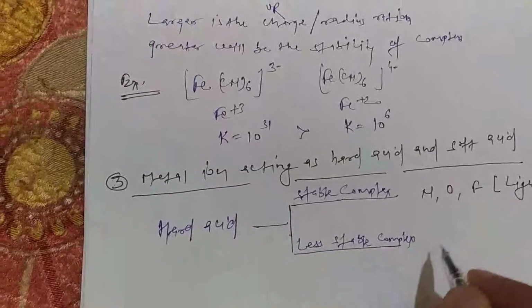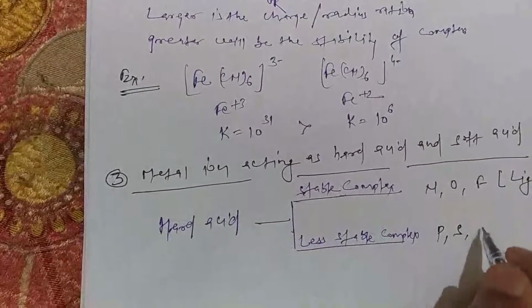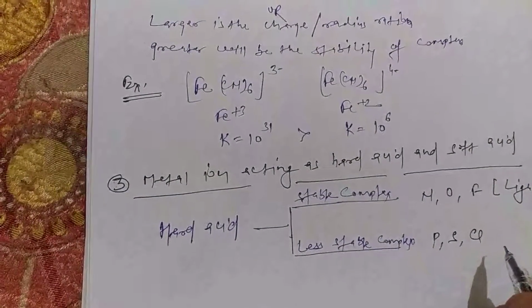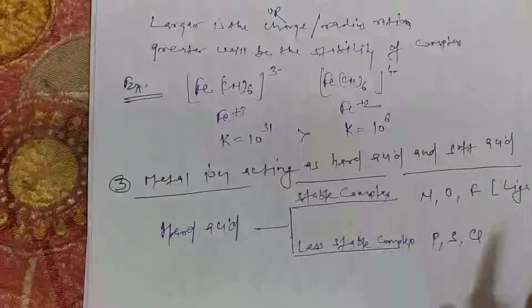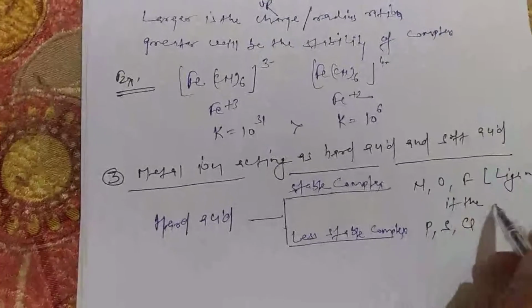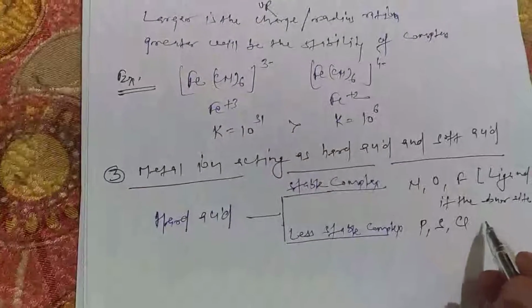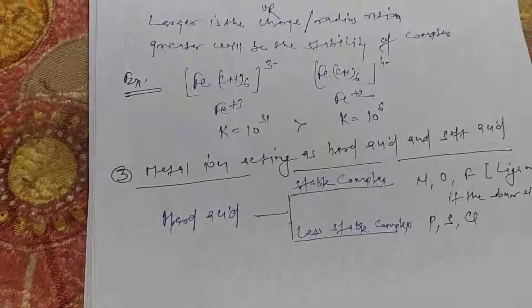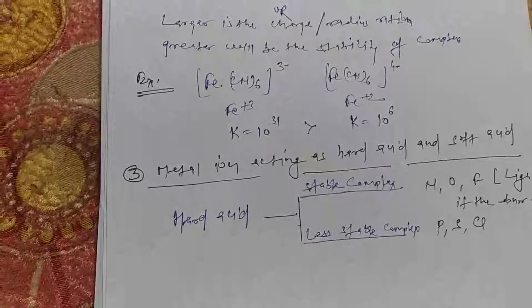Similarly, it will form a less stable complex if the donor sites are phosphorus, sulfur, and chlorine. So this is the formation of complexes in case of a hard acid.